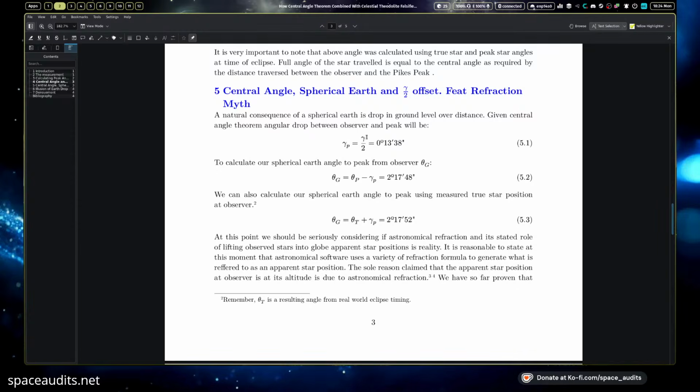So you could just divide gamma by 2, and you'll get 13 arc minutes in this case. To calculate our angle on the spherical Earth from the observer to the peak, to get theta g: if we were going to predict what the geometric angle to the peak is for an observer on a globe 50 kilometers away, you could do theta p minus gamma, and that's going to give you 217.